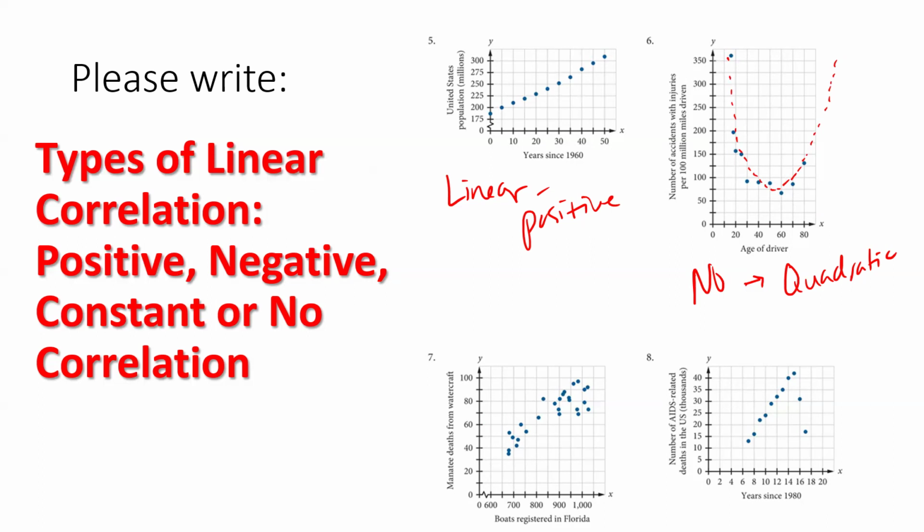All right, seven. Seven actually is yes. It is a linear. It's not a perfect linear, but it is yes, a linear correlation. And that would be a positive correlation.